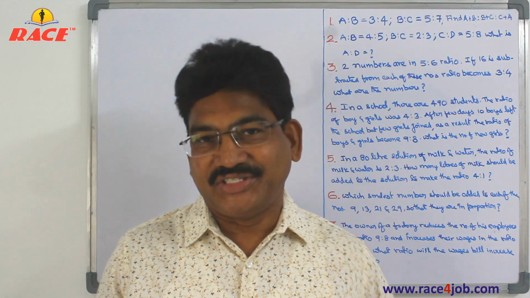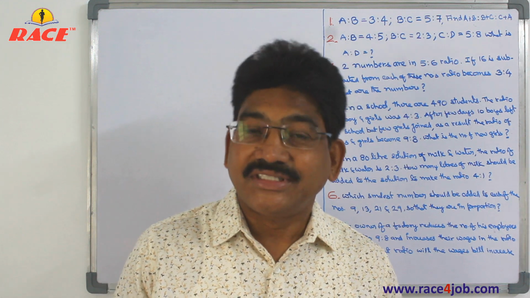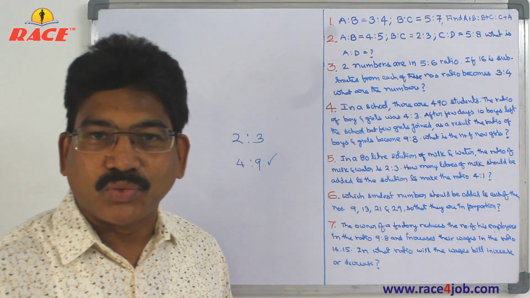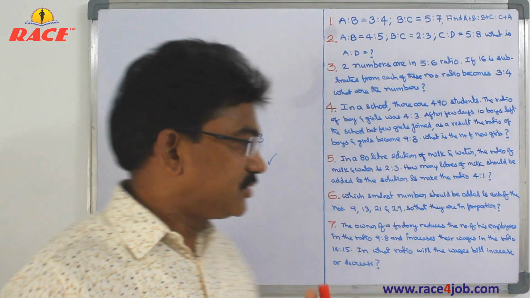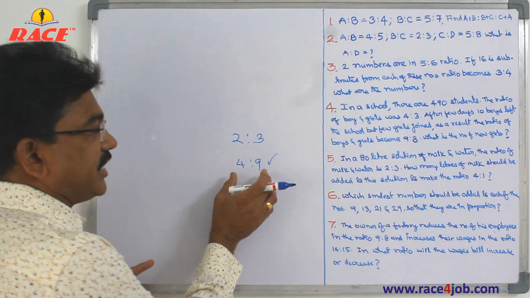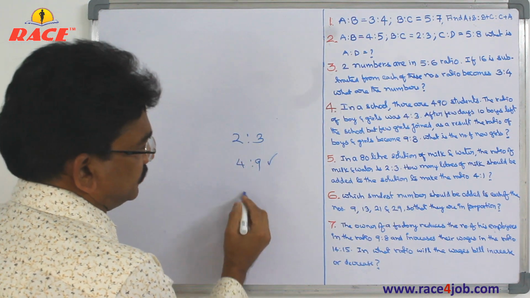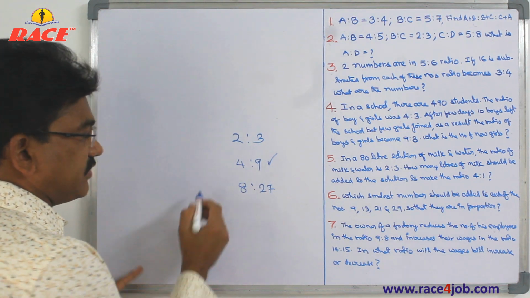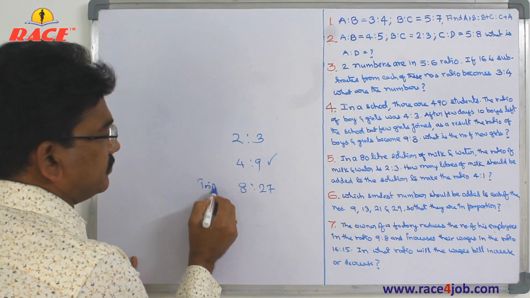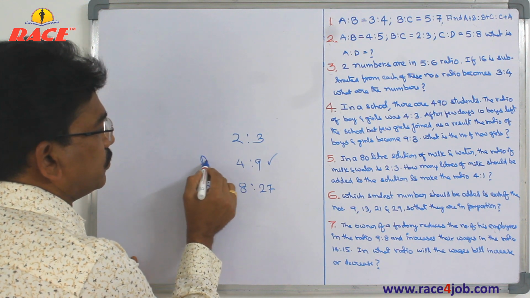Next, triplicate ratio means taking cubes of the terms of the ratio. What is the triplicate ratio of 2:3? 2 cube is 8, 3 cube is 27. We say 8:27 is the triplicate ratio.